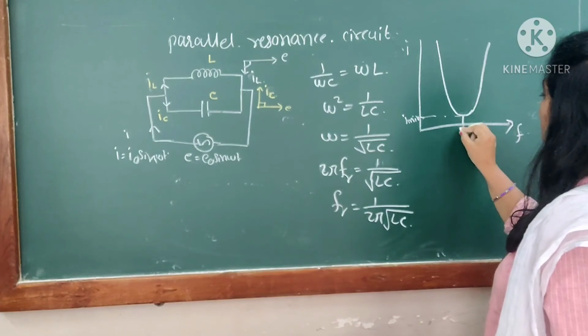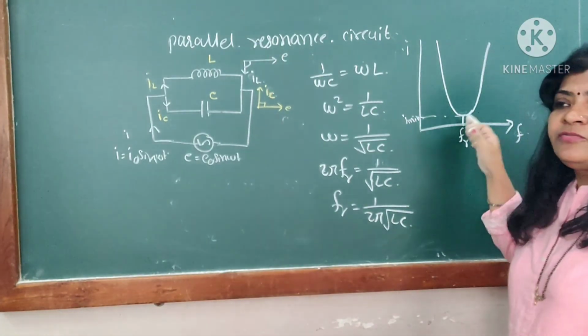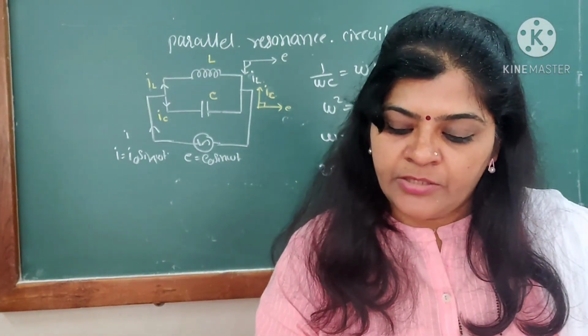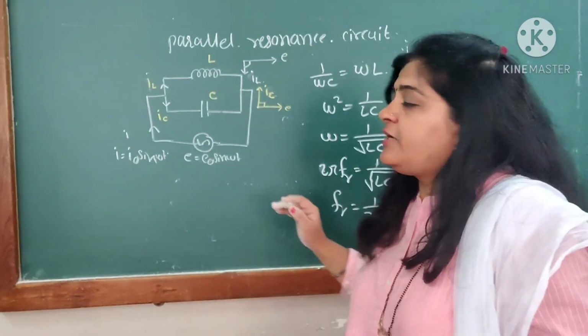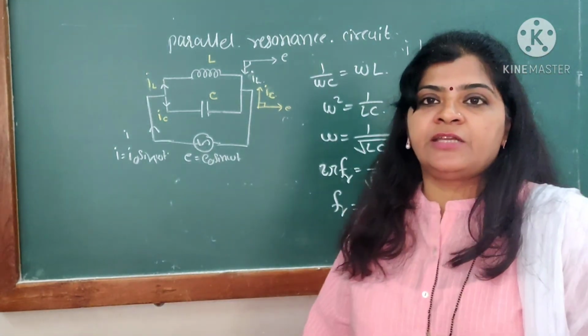At the minimum value, the frequency is called the resonant frequency. At that point, the frequency is the resonant frequency, and the remaining frequencies are rejected when the current is minimum, and that channel is rejected by the circuit.